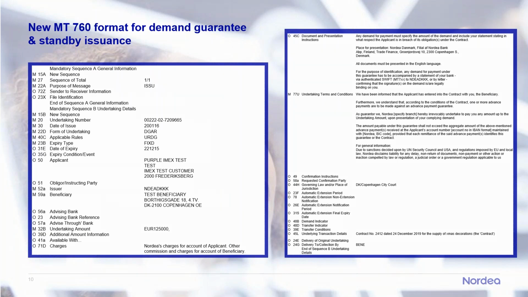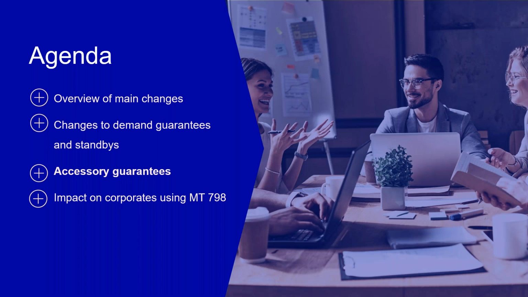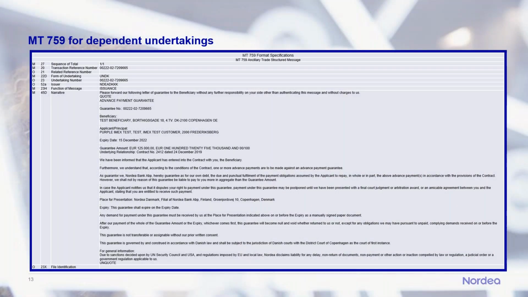So, what about the accessory guarantees then? Yes, that is one of the changes that is also happening. As you mentioned before, the MT760 can only be used for demand guarantees and standbys going forward.